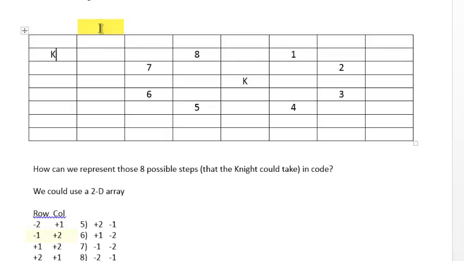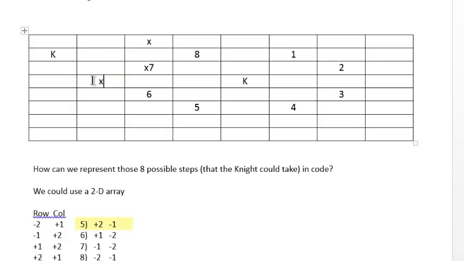How about step 2? That's minus 1 row plus 2 columns. So that he could do. And he could move for step 3, which would be right here. And he could move for step 4, which would be right here, plus 2 rows, plus 1 column.